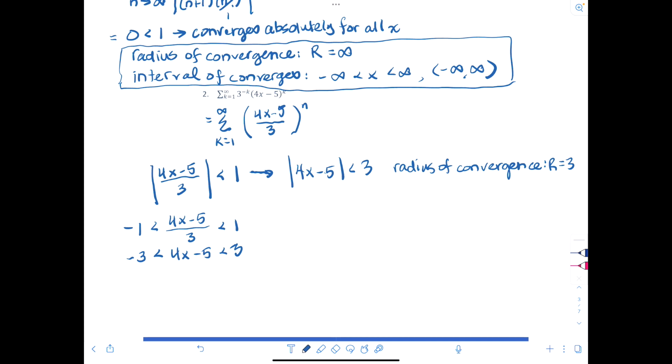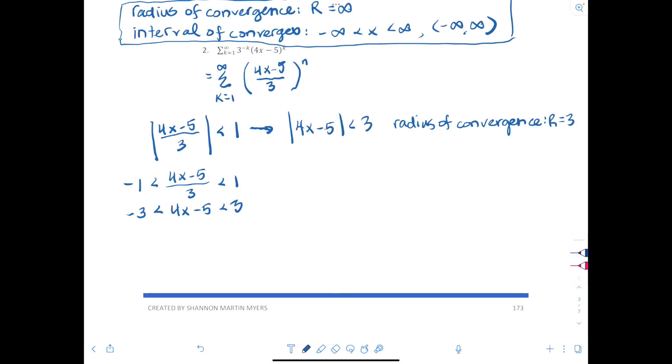Groovy? Now continuing to isolate the x, if I add 5 to each part of the inequality, I'll have 2 is less than 4x is less than 8. And then isolating the x, we'll have 1/2 is less than x is less than 2.